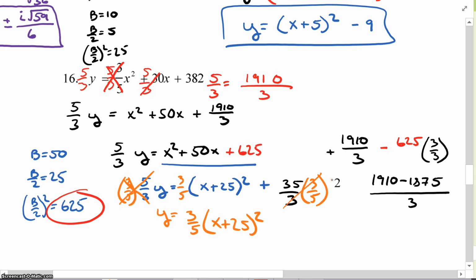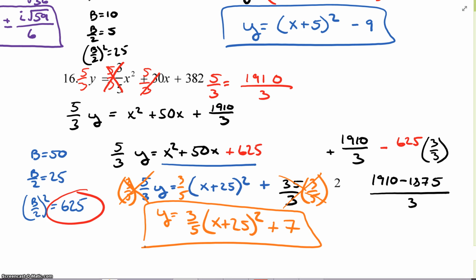The 3 cancels there. The 35 and the 5 cancel to 7, so plus 7. So my answer is y equals 3/5 in parentheses x plus 25 squared plus 7.